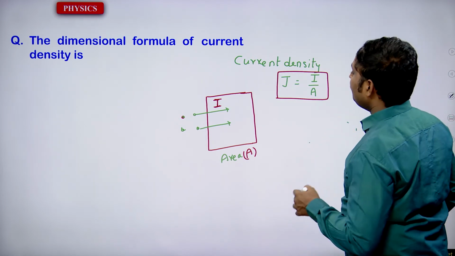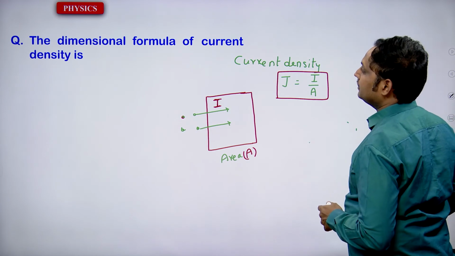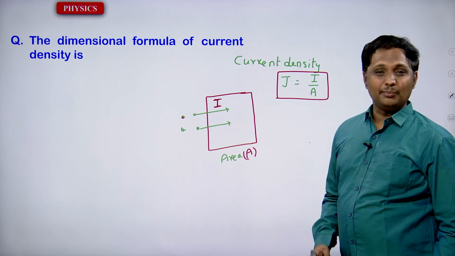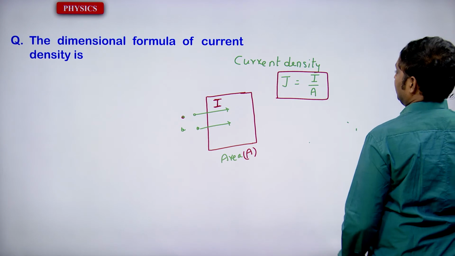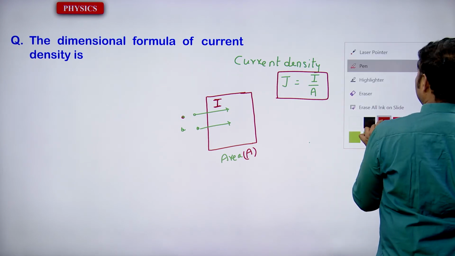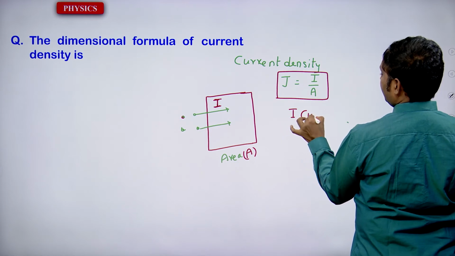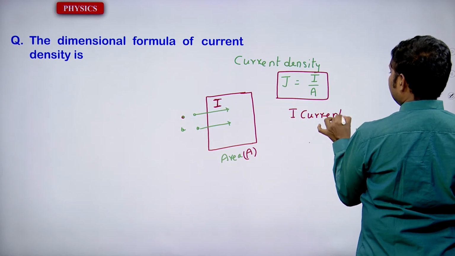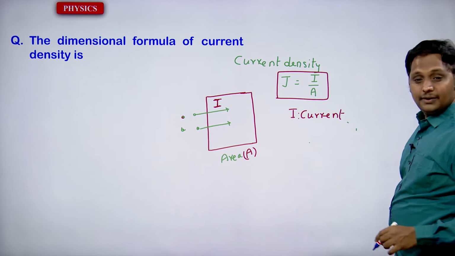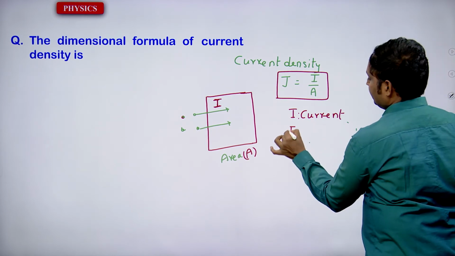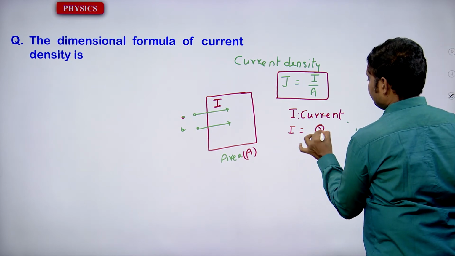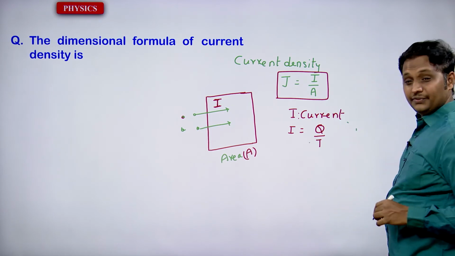Now we are going to have the dimensional formula for that one. I is the current, and it is going to have the relation I is equal to Q by T. It is very clear.